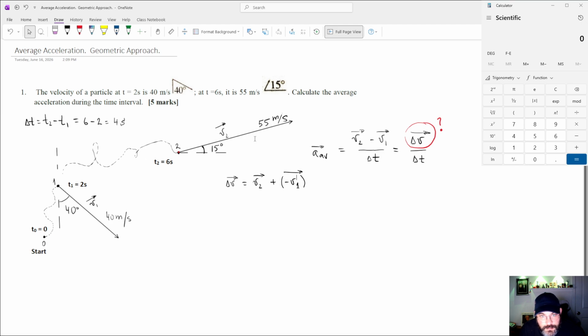Okay, so let's grab our vector here. So let's copy paste it right there. So let's put it, let's say, somewhere here. So this vector stays the same, absolutely the same. But this vector here, it will change its direction.